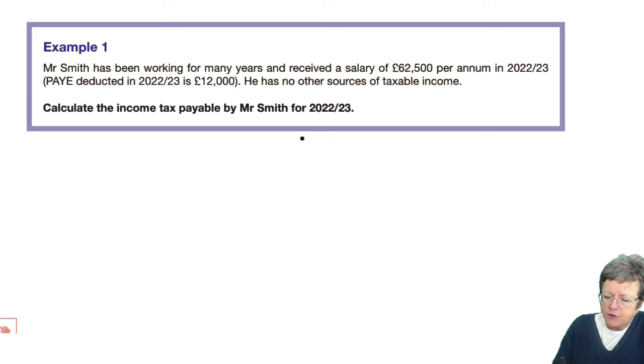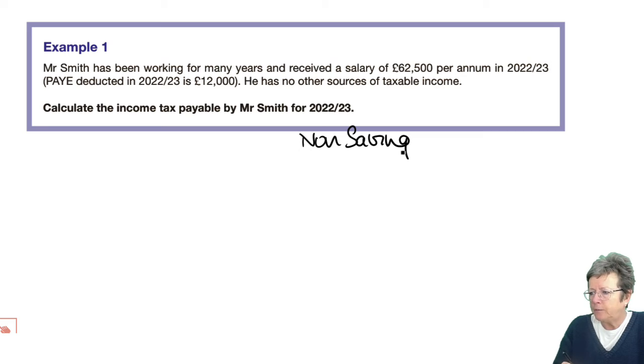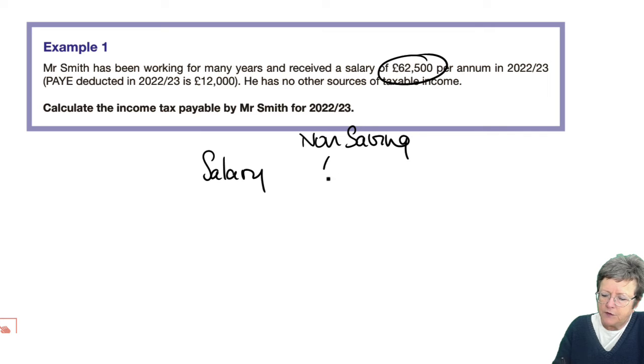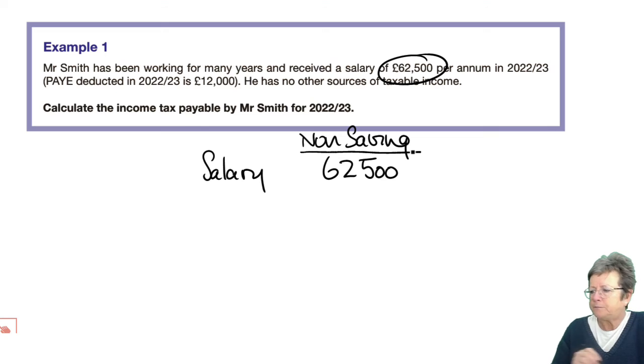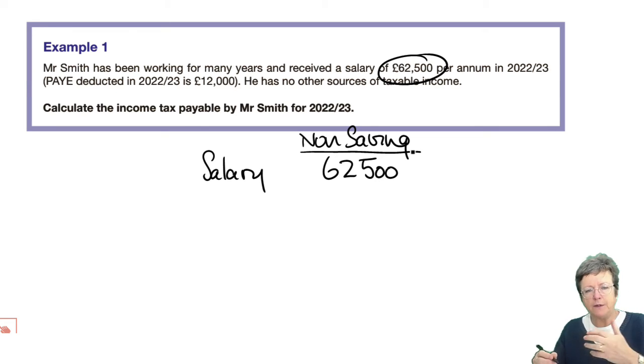So, his non-savings income, labels across the top, label down the side. He's received a salary, and the gross salary is £62,500. You look on the pro forma, we then need to take off any reliefs. There's nothing in the question.